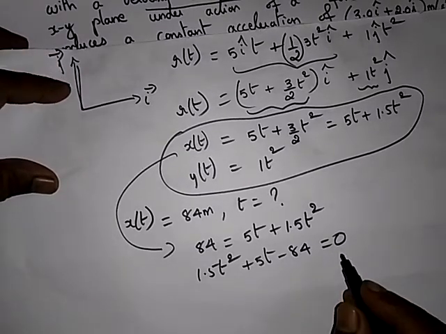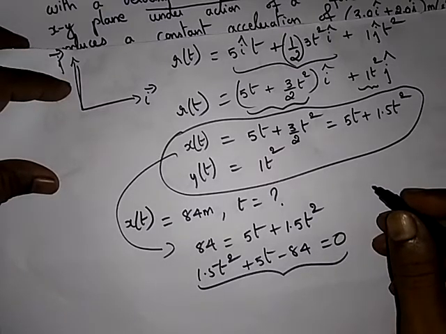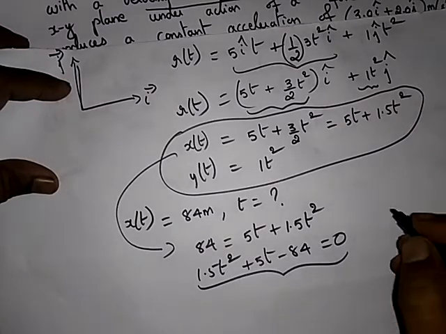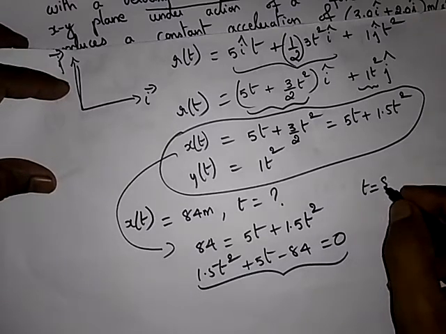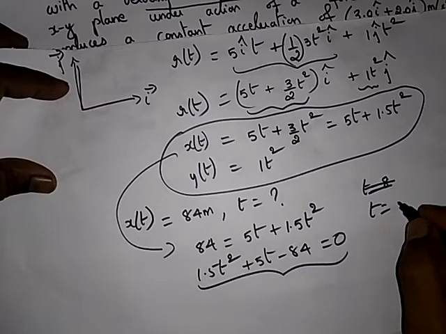If you solve this quadratic equation, you will get t equal to 6 seconds.